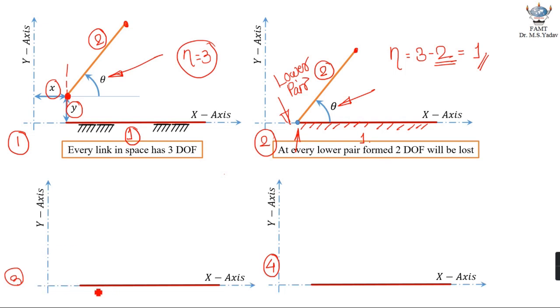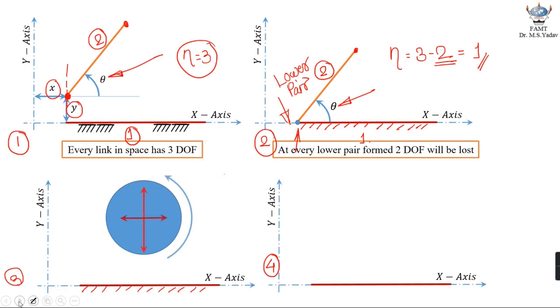Now let us concentrate on figure number 3. Once again the same rectangular coordinate system, same link number 1 which is lying along x-axis and it is fixed, and now I'll consider a disk. According to the earlier discussion, this disk will have 3 degrees of freedom. It can move in this direction, it can move in this direction, and it can even turn in clockwise or anti-clockwise direction.